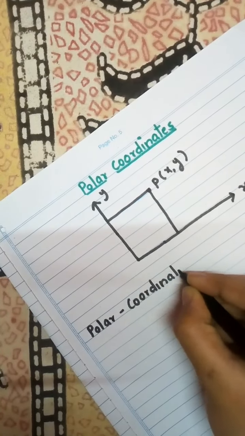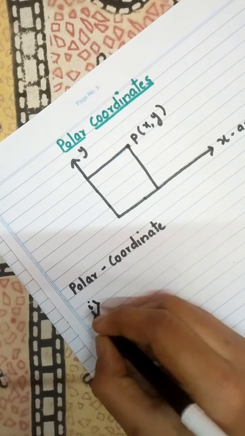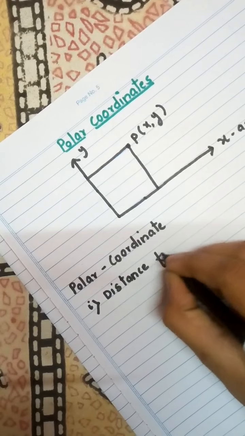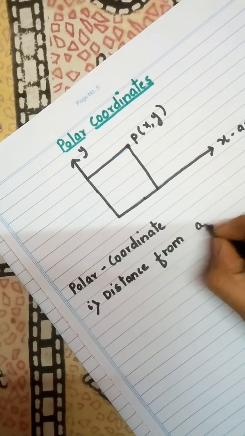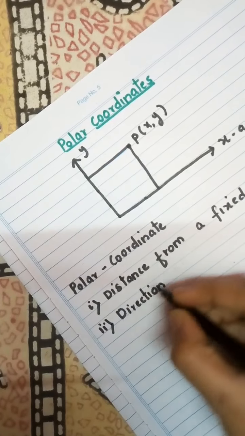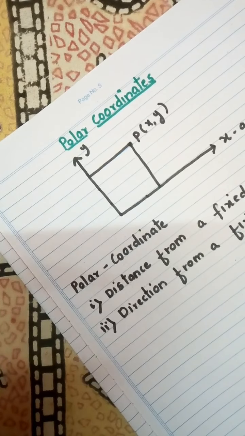First is the distance from a fixed point, which we call r, and second is the direction from a fixed line, which we call theta.